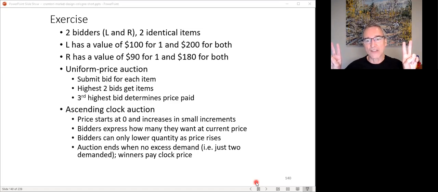As soon as we get to a point where you want to reduce your quantity, then one of your fingers comes down. But notice here, we still have a demand of 3. I've got 2 available, so we still have excess demand. So the clock keeps going up until we're just down to 2 fingers up. Okay, that's the way I do it in the classroom.